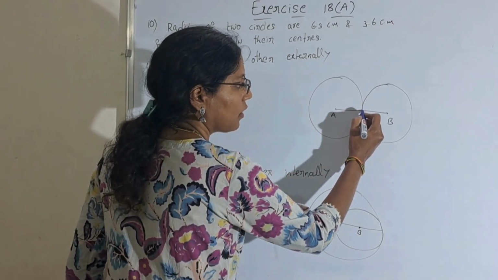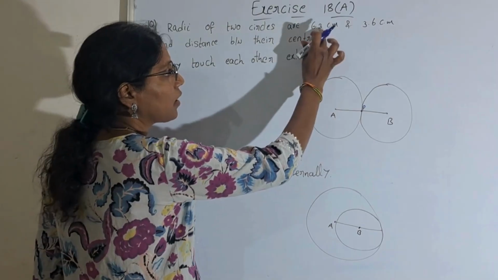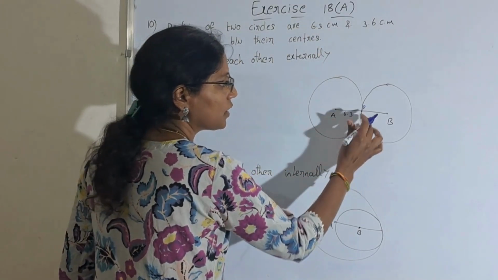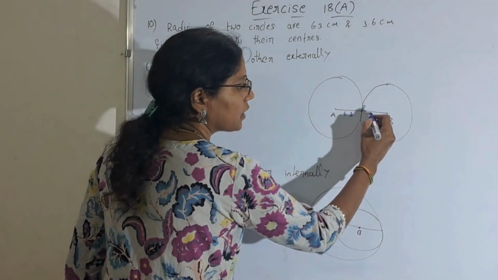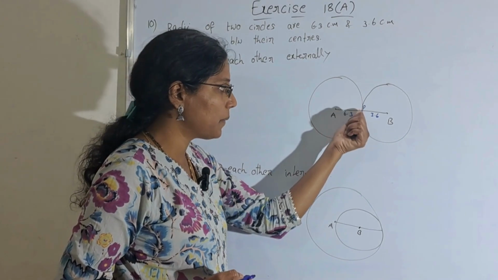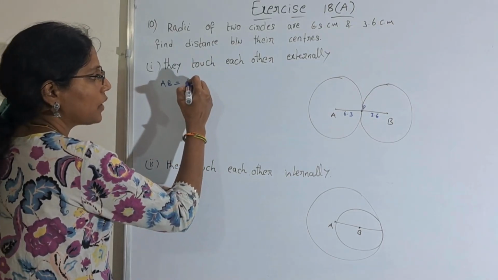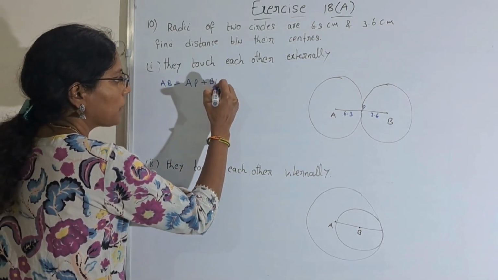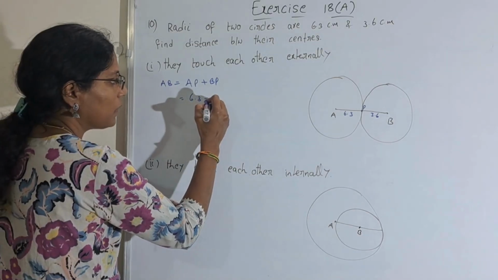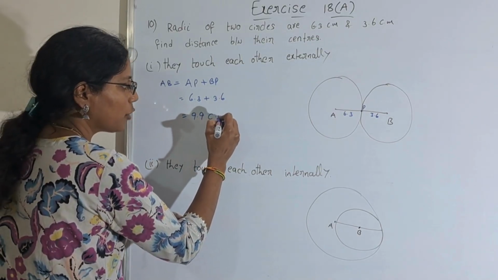Here some P we have to take. Here AP distance how much they have given? 6.3 centimeters and PB distance is 3.6 centimeters. AB distance how much it will come? AB is equal to AP plus BP. 6.3 plus 3.6, 9.9 centimeters.